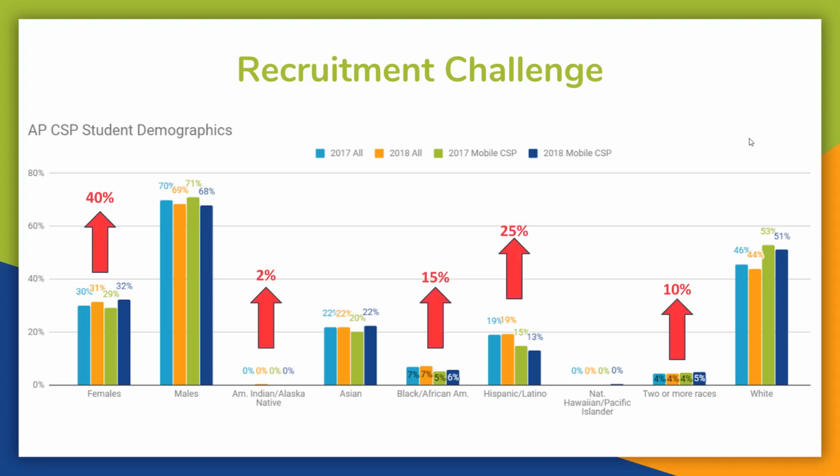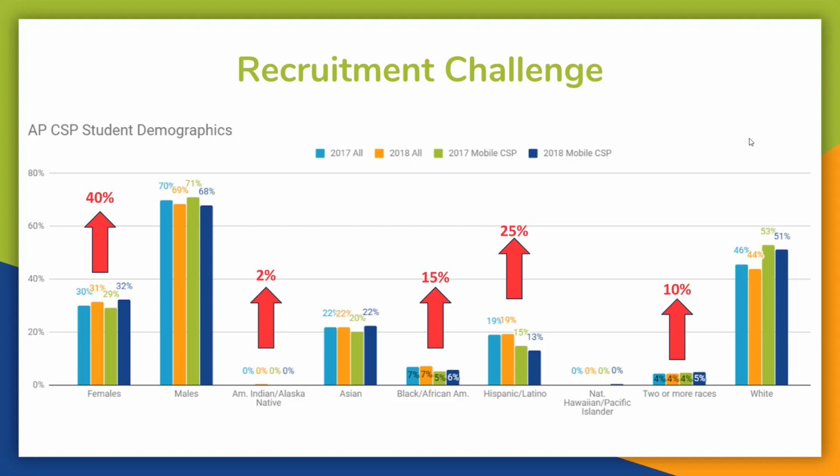So let's talk about some goals. Given where we're at right now with females, around 30%, we can move the needle and say, if I just ask two or three more girls and encourage them to get into my class, then we're probably getting closer to that 40% as a goal.